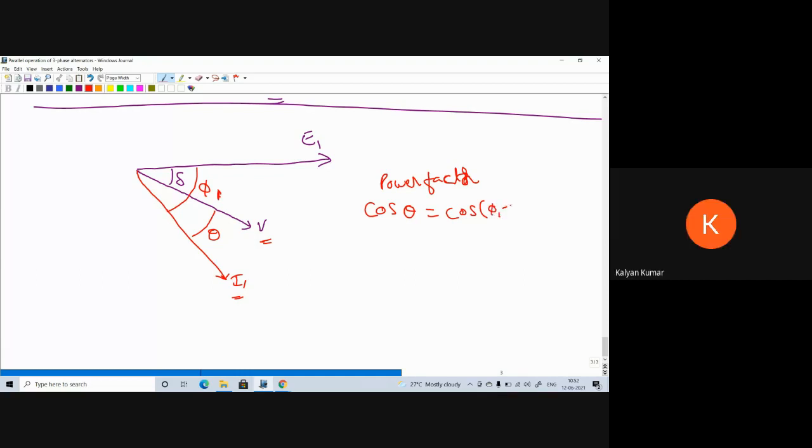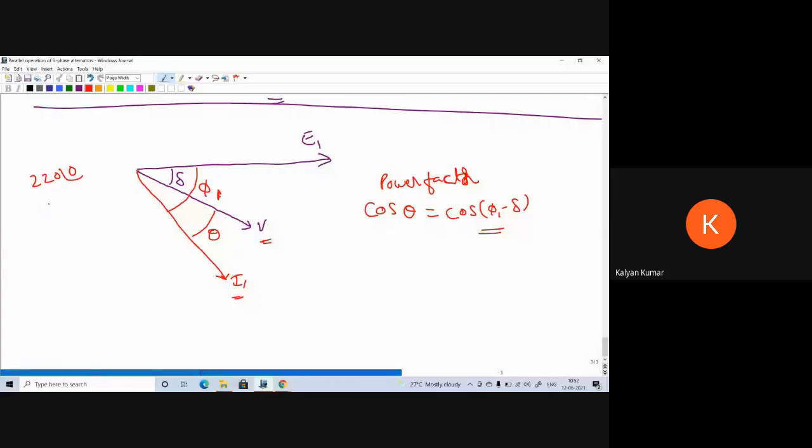So like this, not taking V as reference. Suppose E1 is 220 volts at an angle 0. Now I got V as 215 volts at an angle minus 10 degrees. This is V, this is E1.